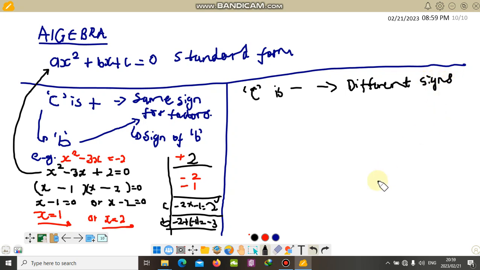Meaning one factor will be positive, the other factor will be negative. So how do we choose? The bigger factor takes the sign of B.